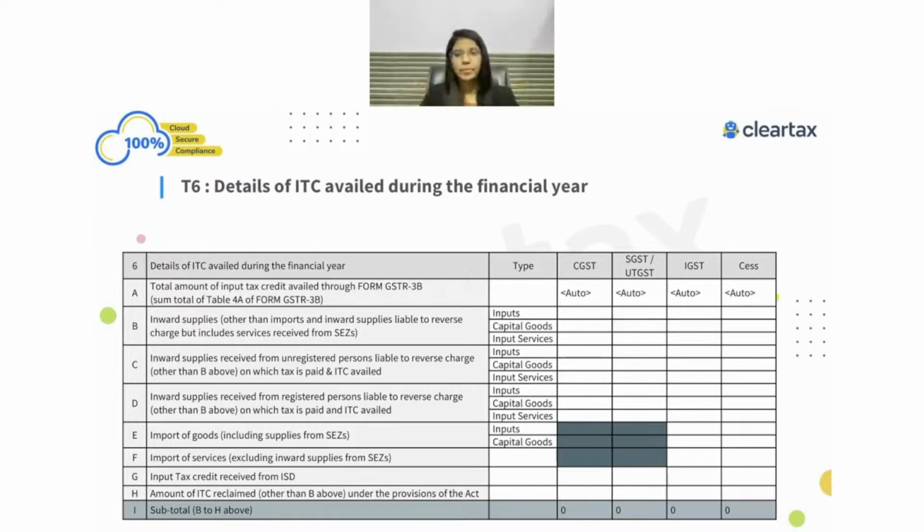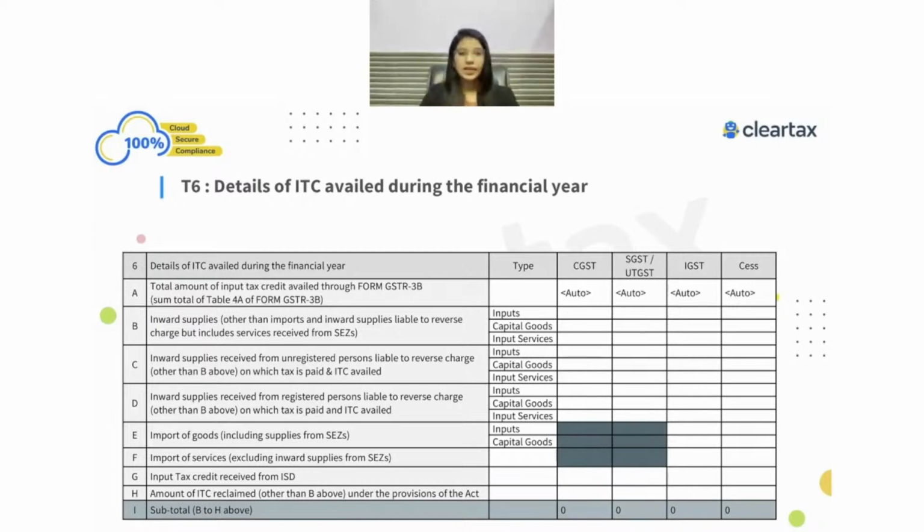There was no problem. But after 6 months, I have not made the payment to the vendor. When I have not made the payment to the vendor, we know as per the rule, we have to reverse that ITC, right? Now, when I reverse this ITC in GSTR-3B, I'm going to reverse it under 4B. In 4A, obviously, I'm not going to reverse, that is for the claiming section. So when I reverse this entry in 4B, the question is whether that value will be populated in 6A or not.